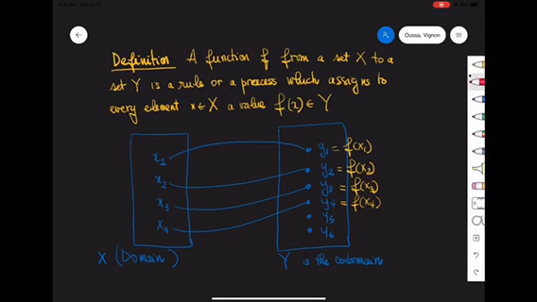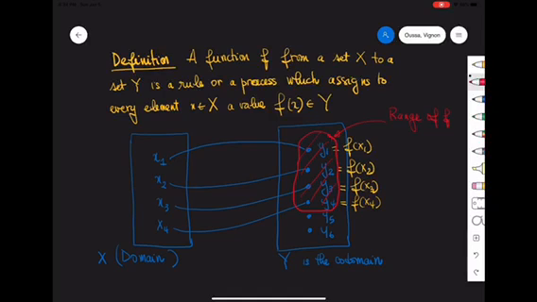Now, the collection containing these 4 elements, this collection here, is called the range. This is the range of the function f.